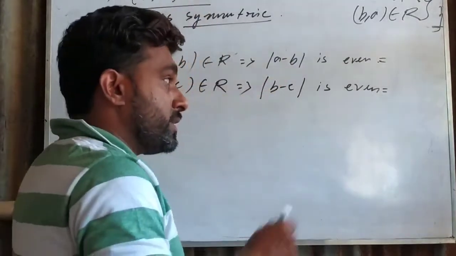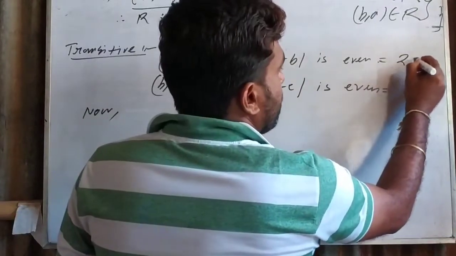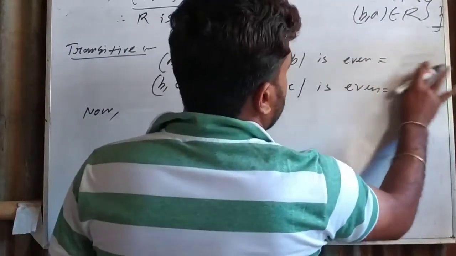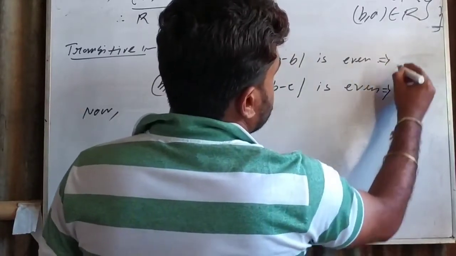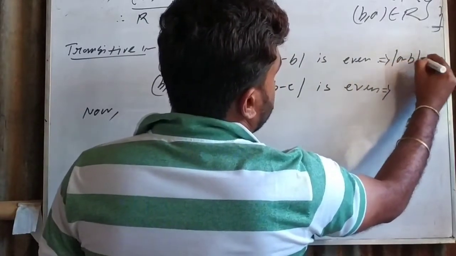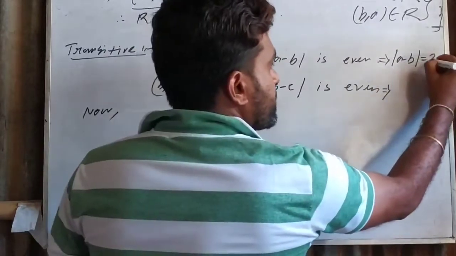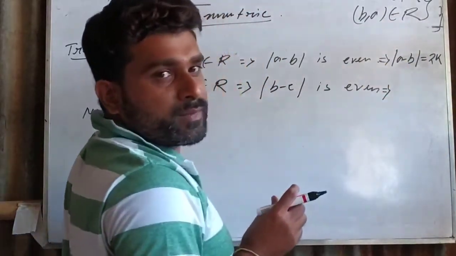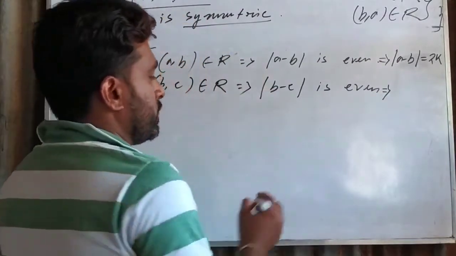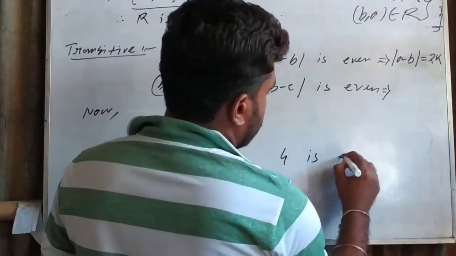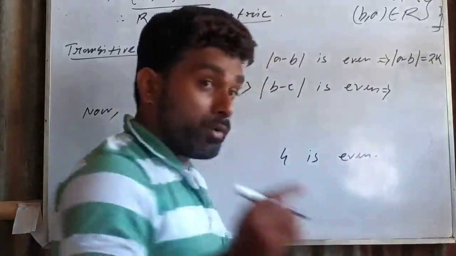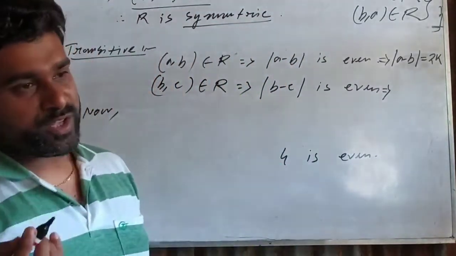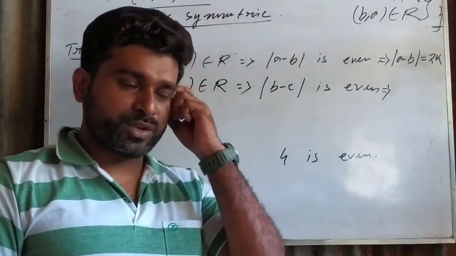So that means if you multiply something with 2, you will get mod of A minus B. You can write mod of A minus B equals 2 times something. Now if you take an example, 4 is an even number. So how can you verify this? 4 is a very small number. As you all know, this 4 is divisible by 2.